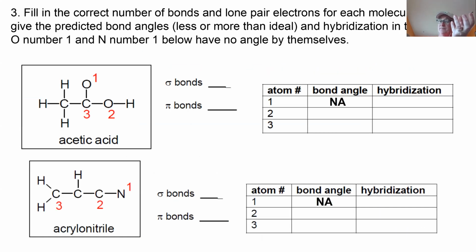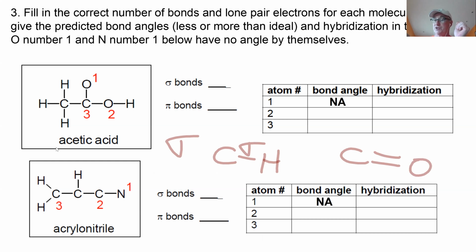So as I mentioned, the first single bond made between atoms is a sigma. If there's only a single bond, like between carbon and hydrogen, that's a sigma bond. That's it, we're done. If we have a double bond between carbon and oxygen, for instance, we have 1 sigma and 1 pi.